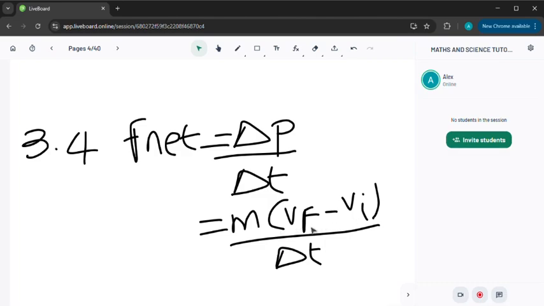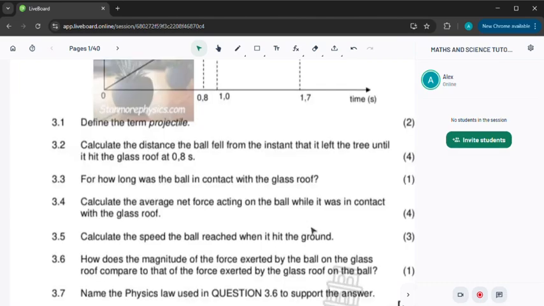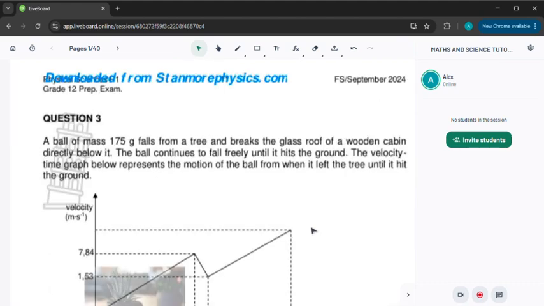Let us take a look at our sketch. So what is our mass? Our mass is 175 grams. That's a problem. We do not want a mass in grams, because this is not chemistry, it's physics, paper one. So we need to convert that into kilograms, and when we do that, we just divide by 1000.